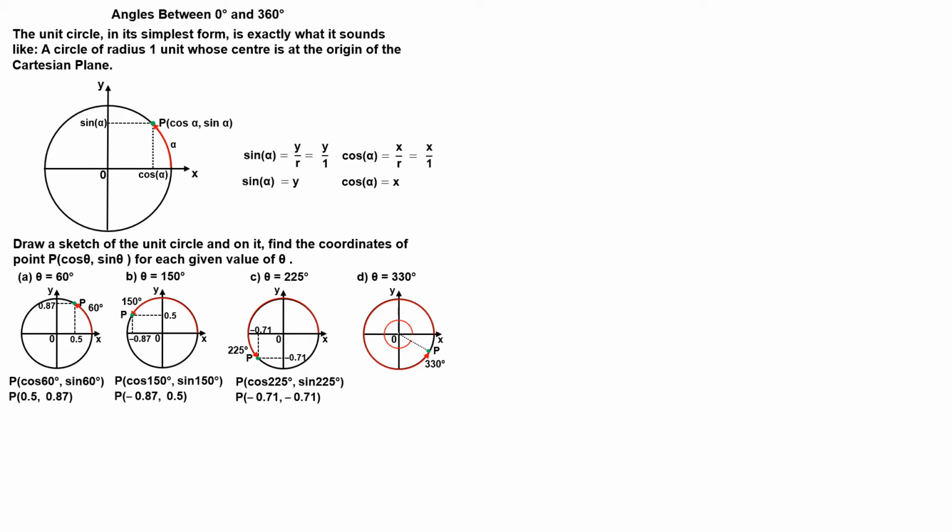Use your GDC to find the values of the cosine of 330 degrees and the sine of 330 degrees. Cosine of 330 degrees is 0.87 and the sine of 330 degrees is minus 0.5.